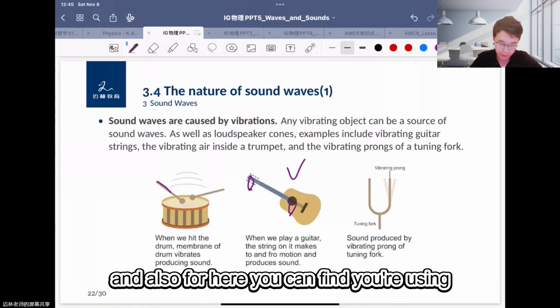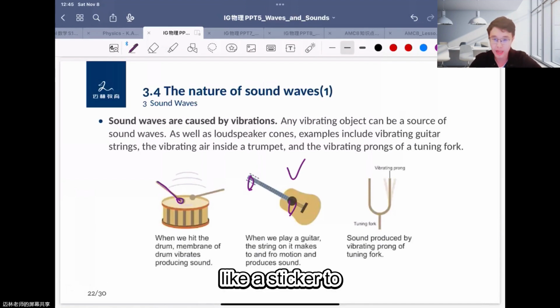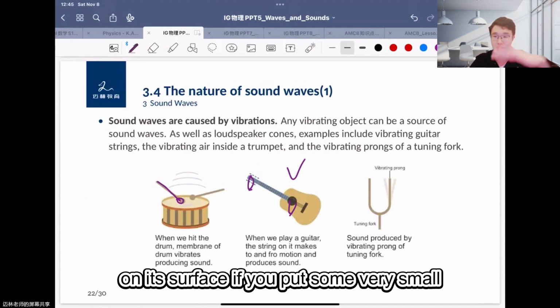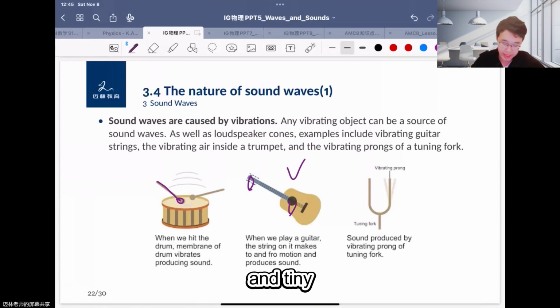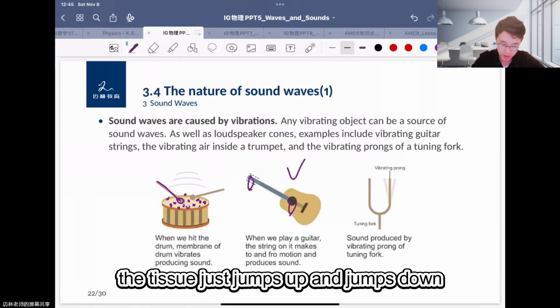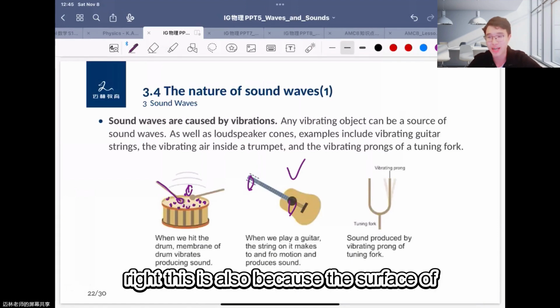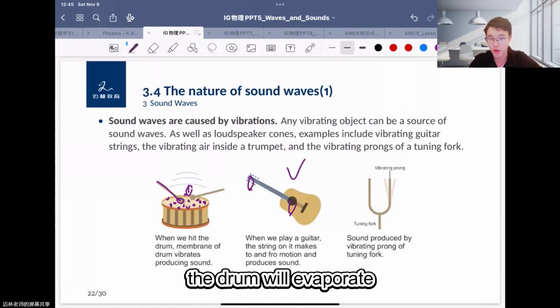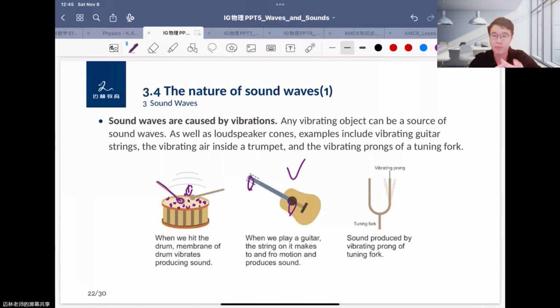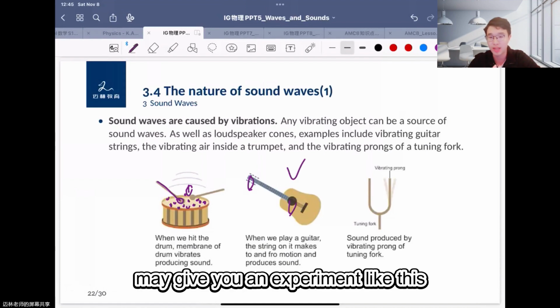And also here, you're using a stick to hit the drum, right? And the drum vibrates on its surface. If you put some very small, tiny pieces of tissue on it, you can find the tissue jumps up and jumps down, right? This is also because the surface of the drum vibrates, okay? And for the tuning fork, if you go to the lab, your teacher may give you an experiment like this.